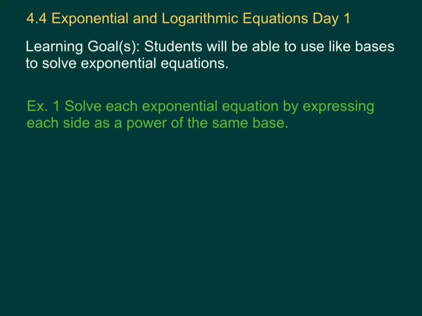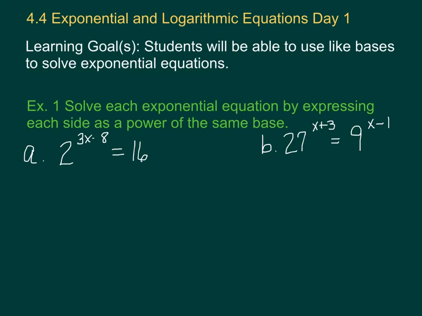In example 1, we're going to solve each exponential equation by expressing each side as a power of the same base. Let's look at example 1a. So what you're trying to do is make each side a power of the same base. So what that means is, see how we have a 2 on this side?